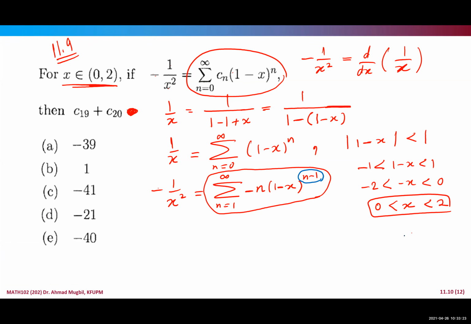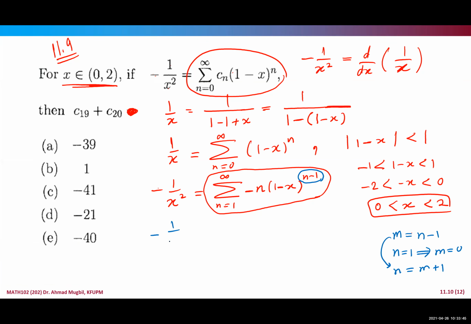So what I will do, I will put m equals n minus 1. If n is 1, m will be 0. If m is n minus 1, then n will be m plus 1. So let's come here now.